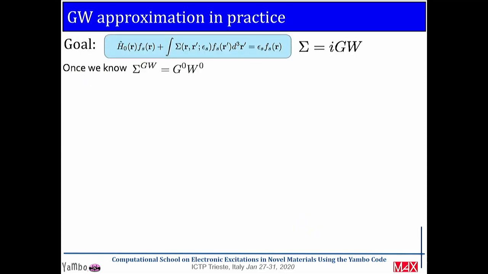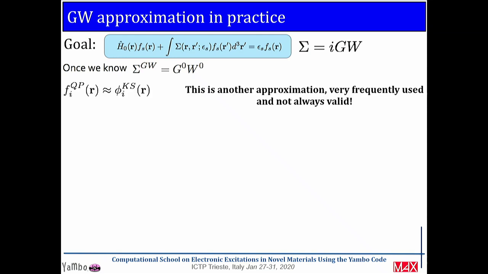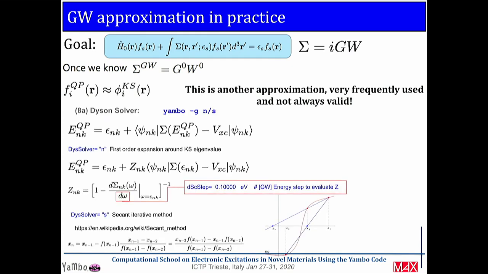Now, once we see how to calculate G naught and W naught also in its frequency behavior, we want, again, to solve this equation. Here, we assume that our Dyson orbitals are our Kohn-Sham orbitals. This is another approximation that enters in the calculations.